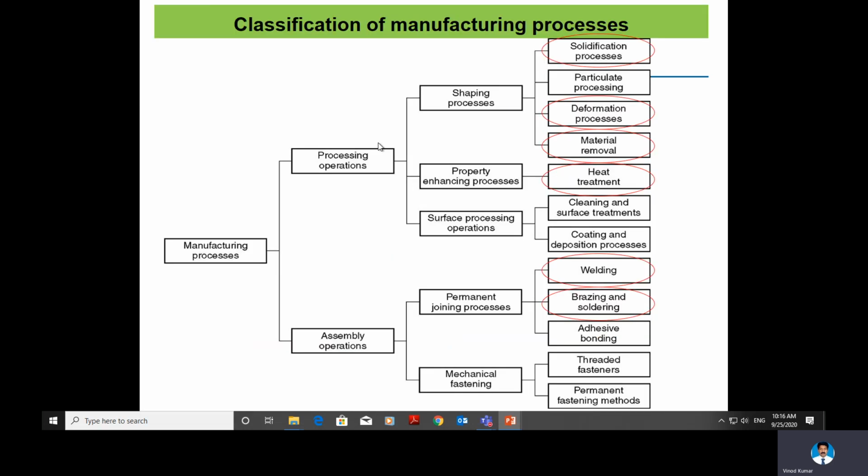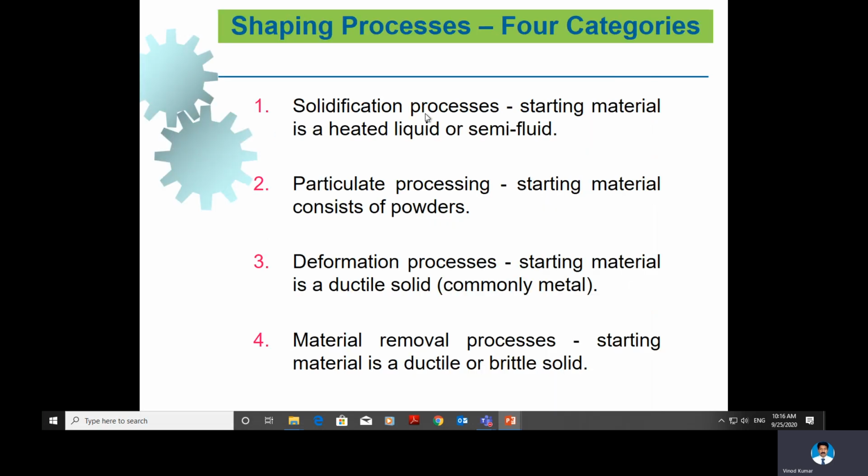Whenever we talk about processing operations, we are changing the shape, size, properties, or surface finish. In solidification, we change the metal into liquid form and pour it into a cavity to produce a shape. This process is called casting, or the solidification process. Particulate processing means the starting material consists of powders, which is called powder manufacturing.